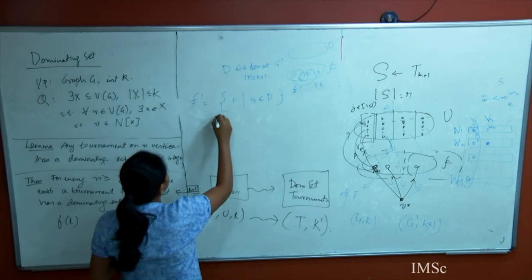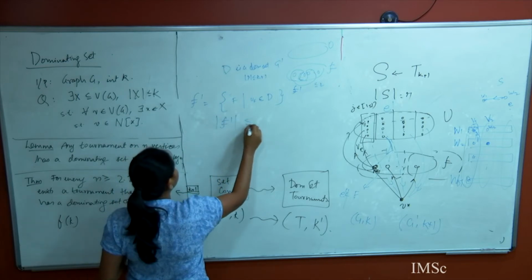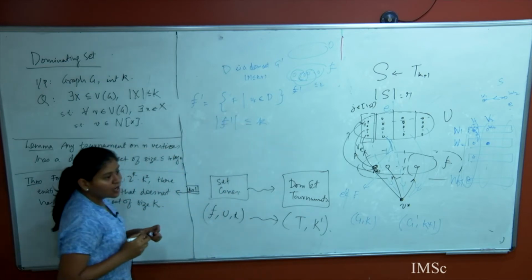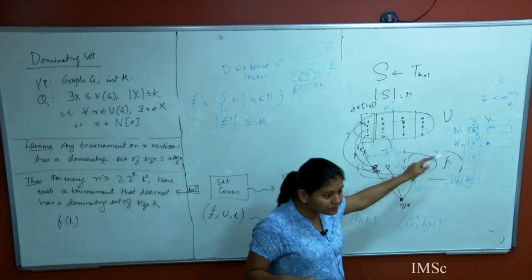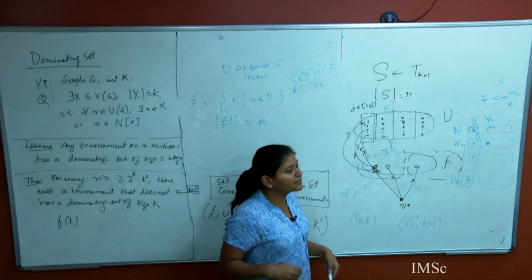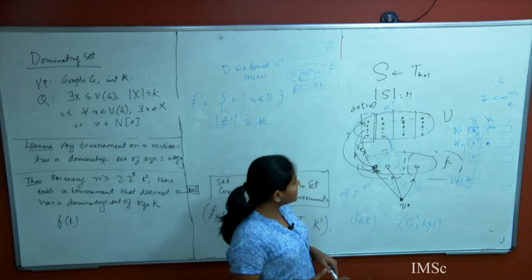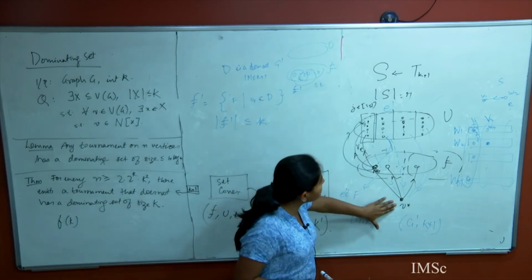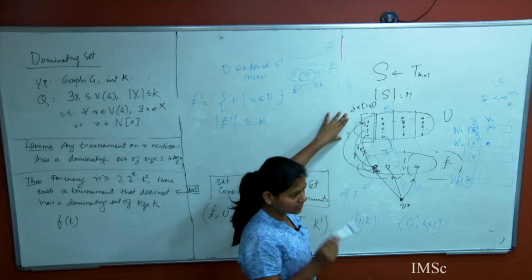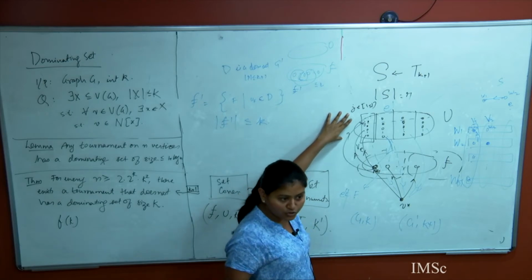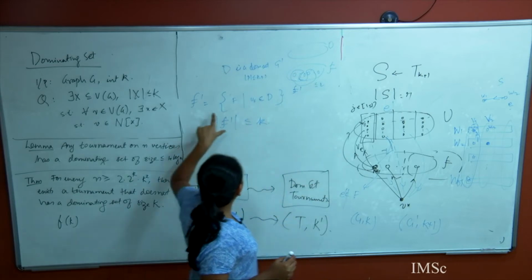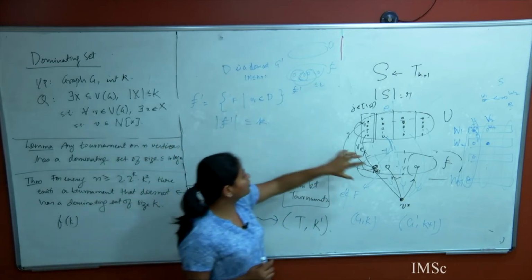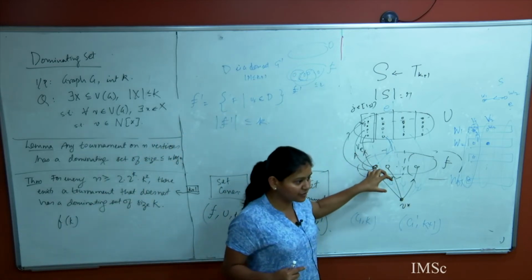Therefore, we can say that the size, although I start with a dominating set of size k plus 1, because V star should be dominated by somebody, that somebody has to be either V star or somebody from the vertices corresponding to the universe. It cannot be here. And the way I have created this family is only based on the vertices that are selected from here.